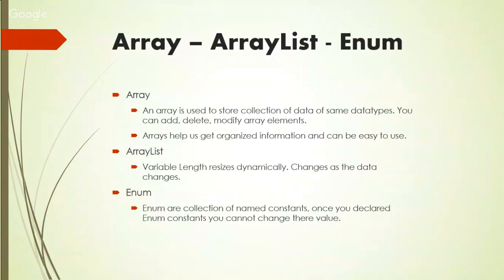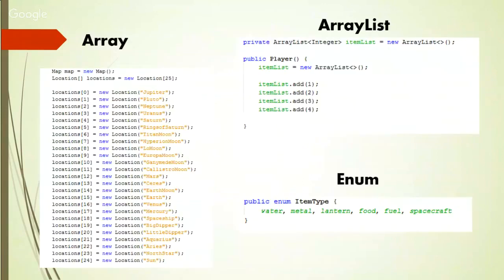Enums are a collection of named constants. Once you declare enum constants, you cannot change their value. Okay, for the examples in the game, I have three different ones.